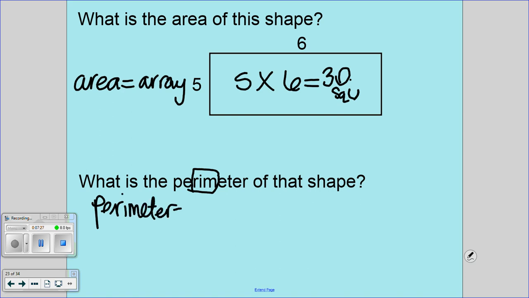When you see perimeter, I want your pencil to walk around that shape. It might be a square. It might be a triangle. It might be some crazy shape. But your pencil needs to walk around the shape.